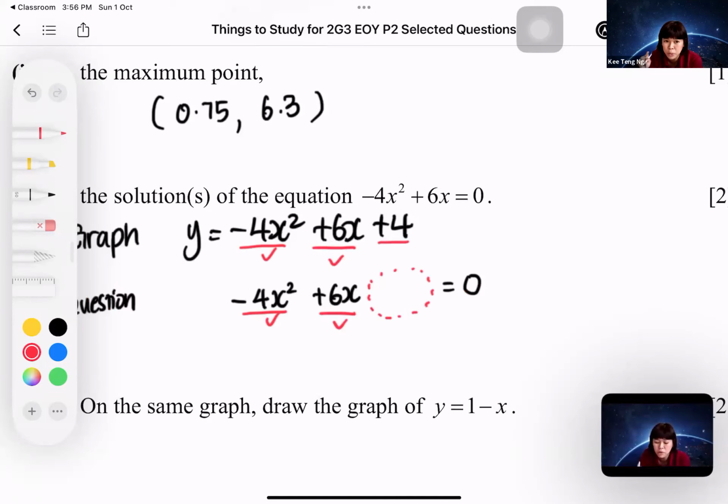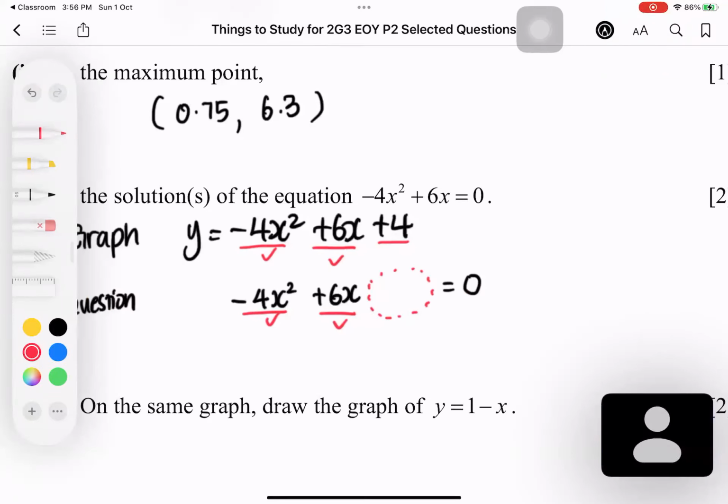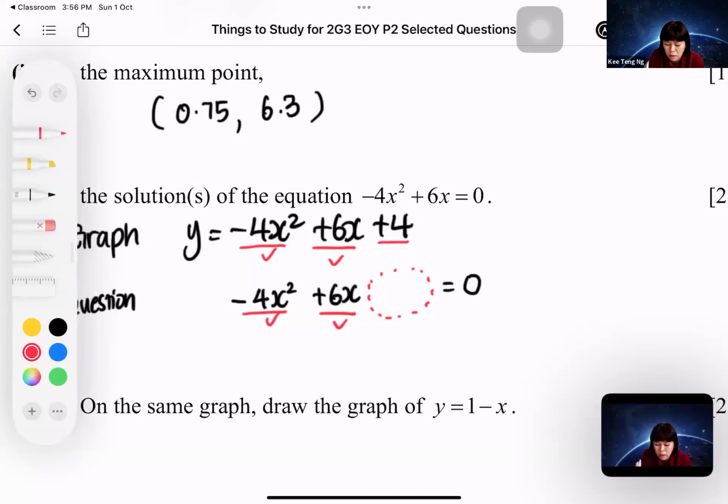In order for it to become the same as the graph, what's missing? Positive 4. Correct. So I add a plus 4 to balance up the equation on both sides. If I add 4 to the left-hand side, I also need to add 4 to my right-hand side. Always remember you change your question to look like your graph because you can't draw a new graph.